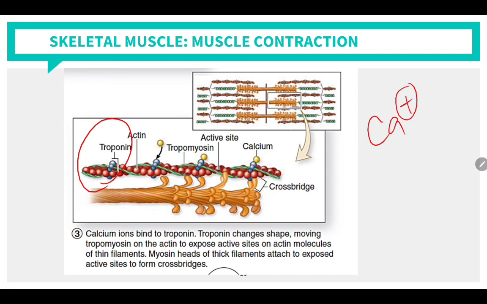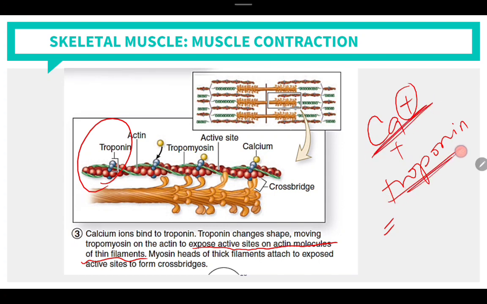Basically, ang sinasabi dito, calcium plus troponin will make your tropomyosin move, now exposing the active sites on the actin molecules of the thin filaments. So, anong kailangan? Kailangan there is calcium plus troponin.